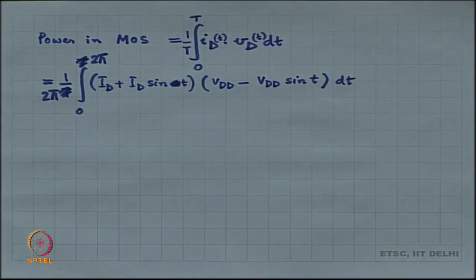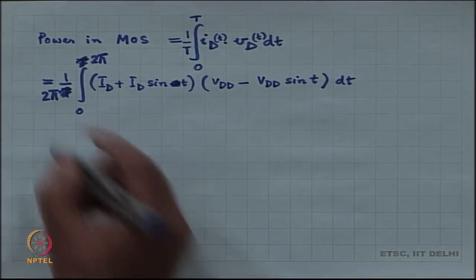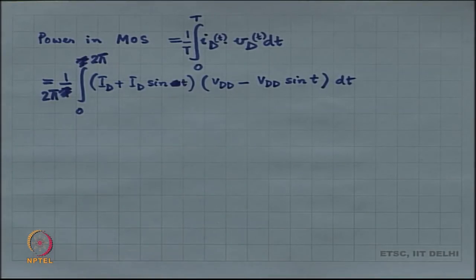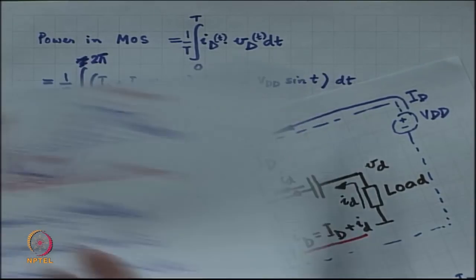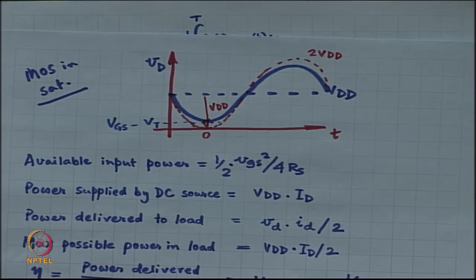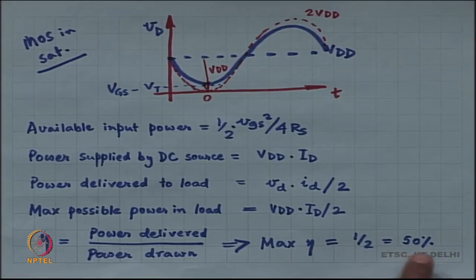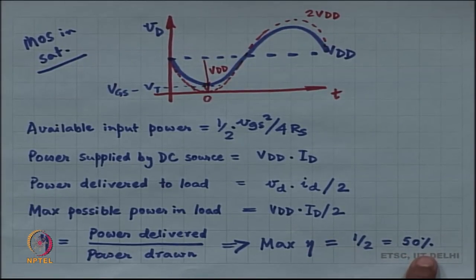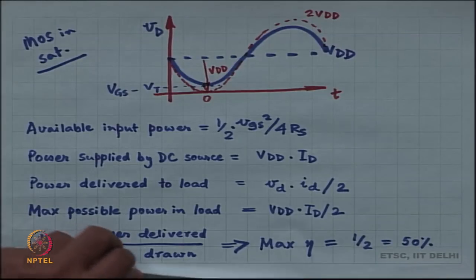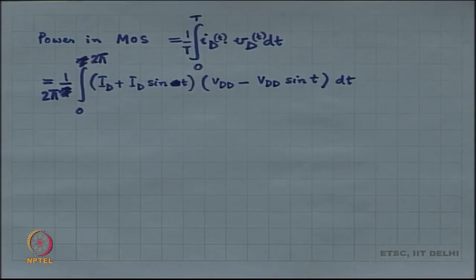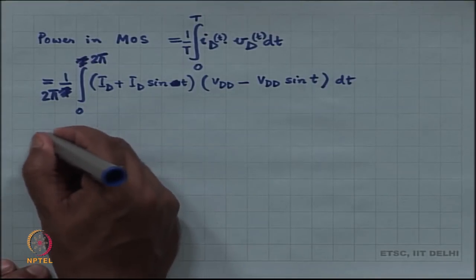So, this is what we have, and this is just an exercise, we already know the answer. The answer is already there, 50% power is delivered to the load. So, 50% power has to go to the MOSFET. We already know the answer, this is just an exercise. So, let us do this exercise.